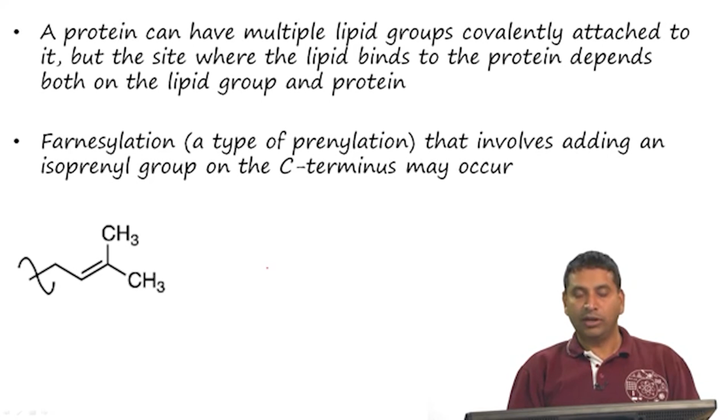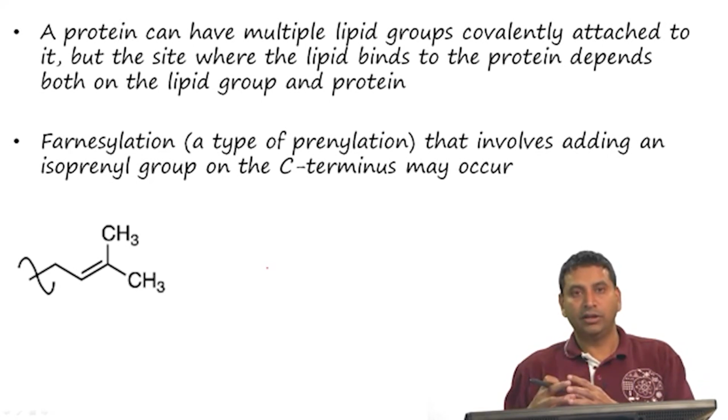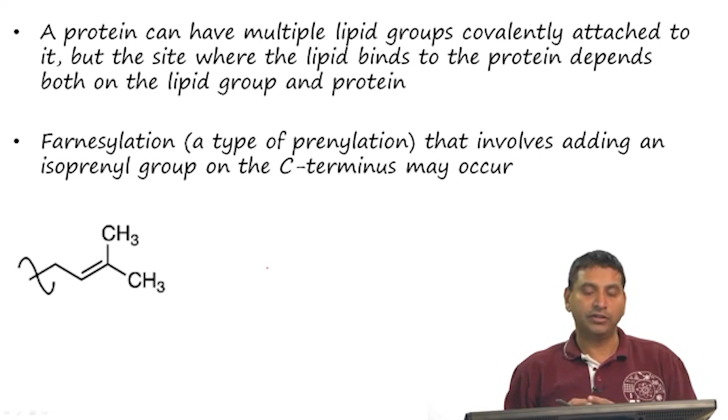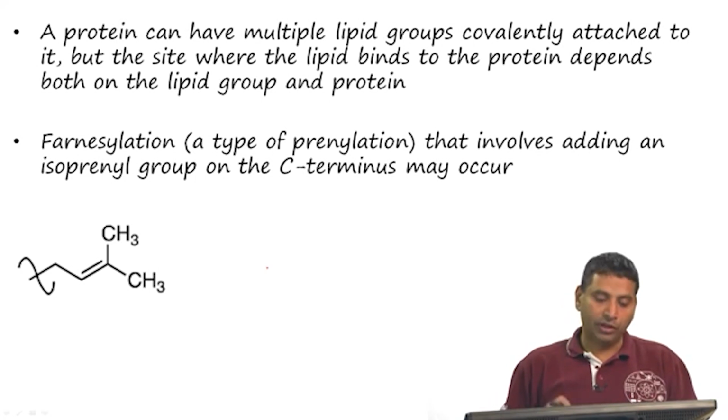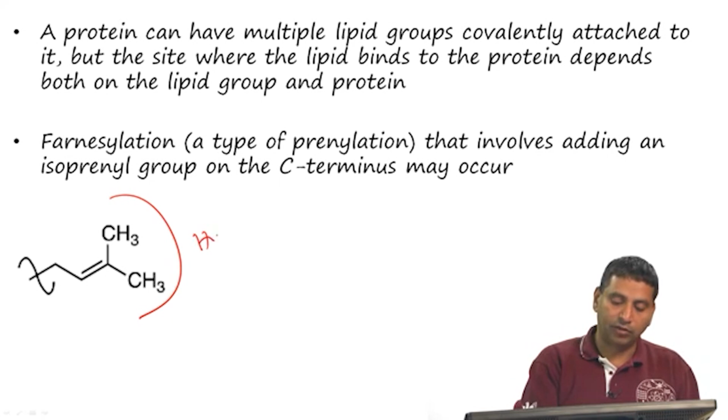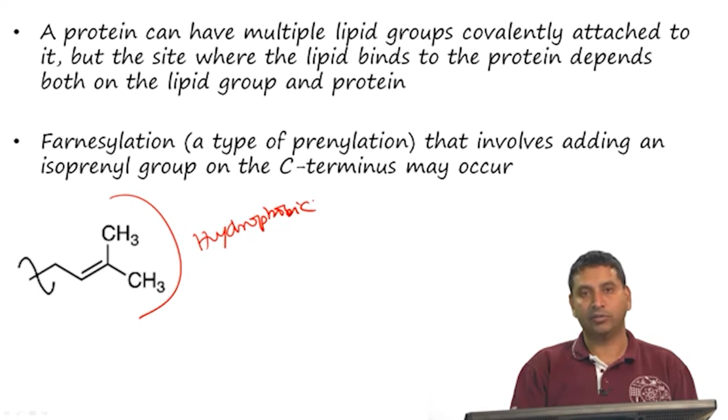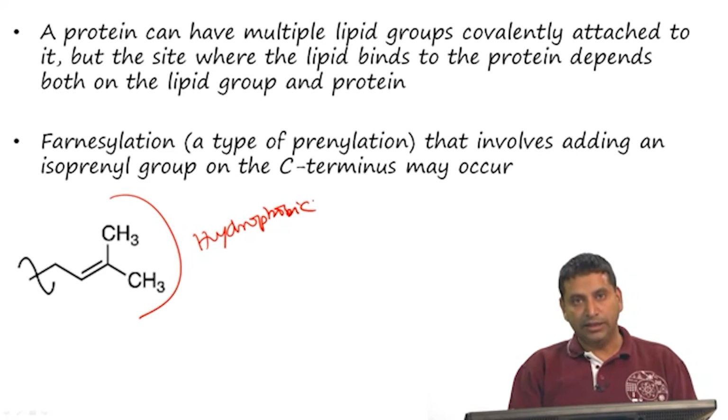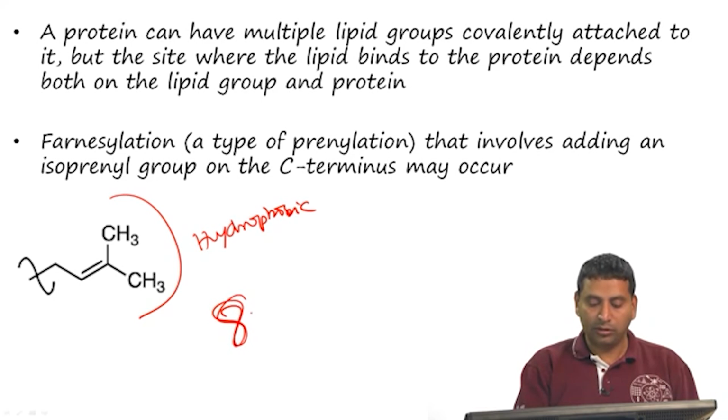One example of this is farnesylation, which is a type of prenylation and involves adding an isoprenyl group to the C terminus of the protein. Once this is added, it creates a hydrophobic surface for it to interact with the membrane. So, it is likely that the protein PAW will probably undergo some sort of modification with a hydrophobic group for it to go and interact with the lipid membrane.